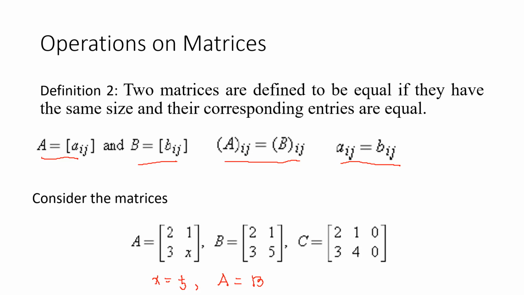And for the third matrix, there is no value for x for which matrix A would be equal to matrix C, since matrix A and matrix C have different sizes.